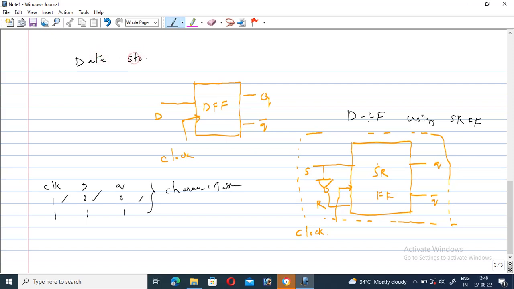Data storage is the basic building block for registers, counters, applications. Flip-flops are basic building blocks, right?